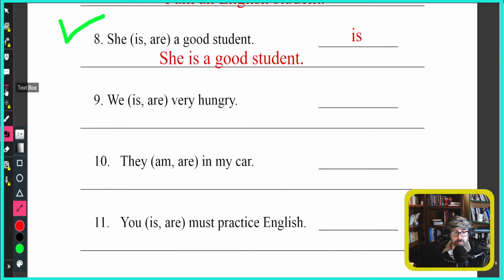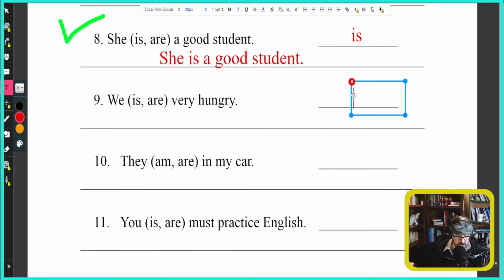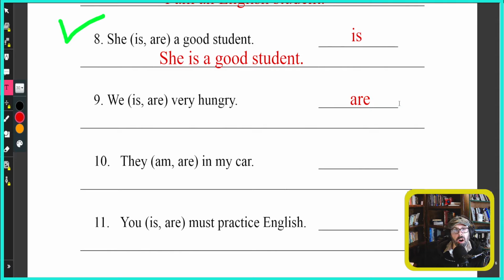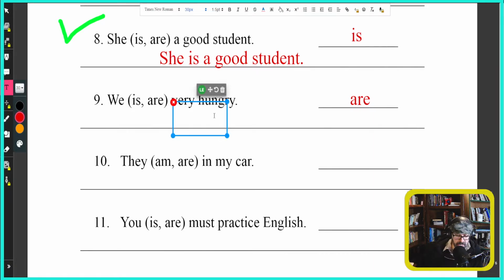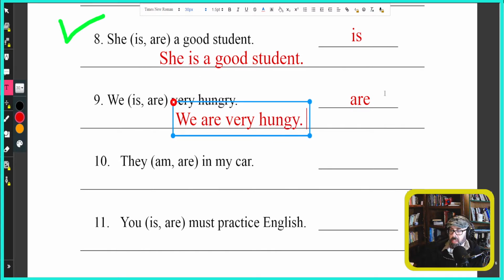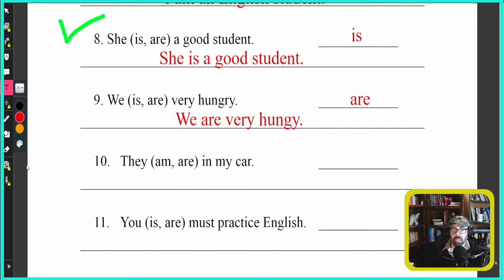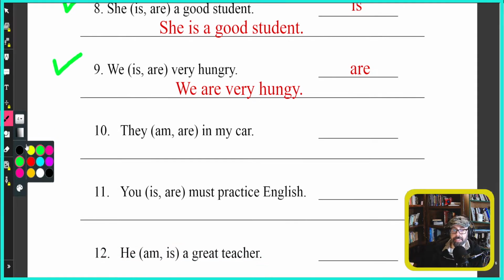What do you think? Write your answer for number 9 in your notebook. Correct answer: we are very hungry. Full statement written correctly as a sentence: we are very hungry, period. That takes care of number 9. Number 10.